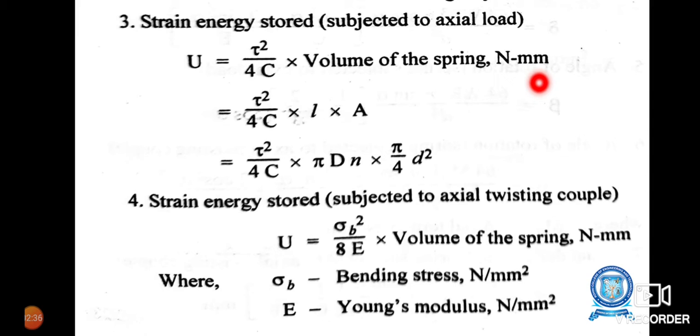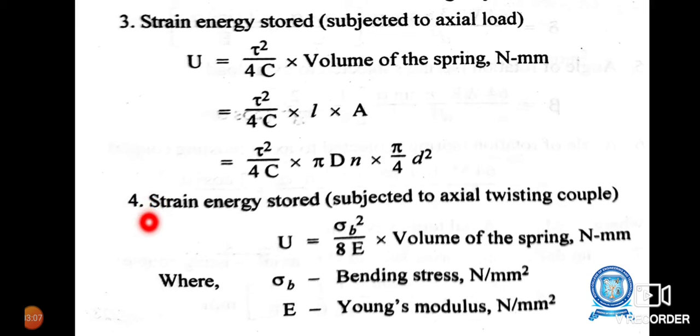Then the volume of the spring is equal to length into area. So we can write the formula as tau squared divided by 4C into pi D n into the area, pi by 4 small d squared.